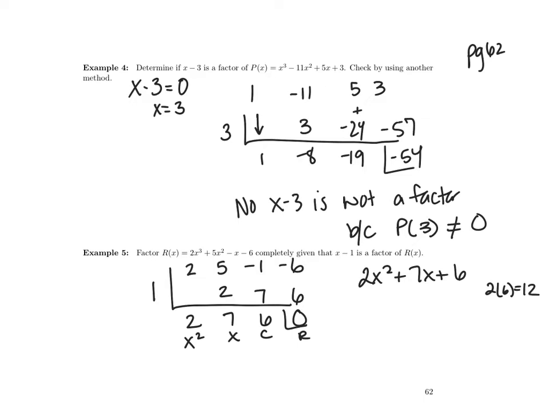And what multiplies to get 12, that adds to get a 7 is a 4 and a 3. So I'm going quickly through this because you should be a pro at factoring by now. So 2x squared plus 4x plus 3x plus 6. I do factor by grouping.